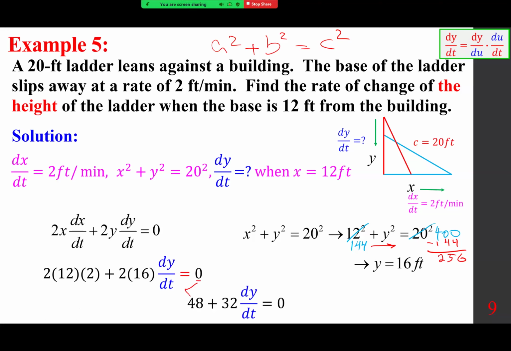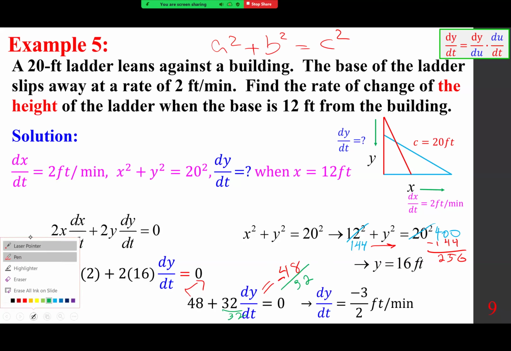We are going to move this, and we make this equals negative 48, and we are going to divide both sides by 32. We get negative 3/2 feet per minute. x is increasing, dx/dt is positive, y is decreasing, dy/dt must be negative, and it is.